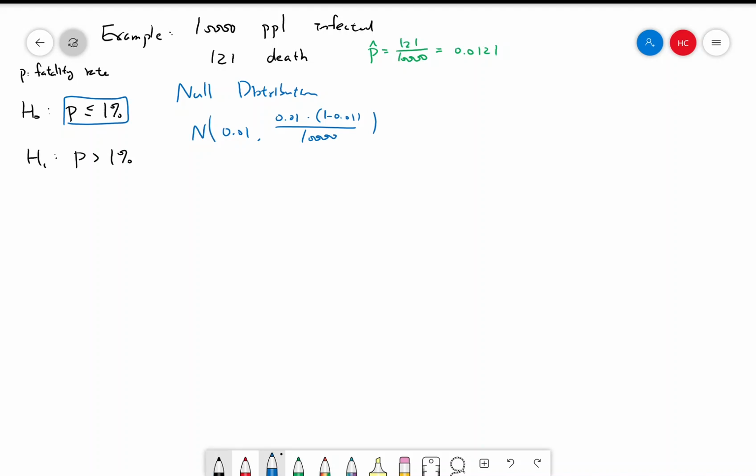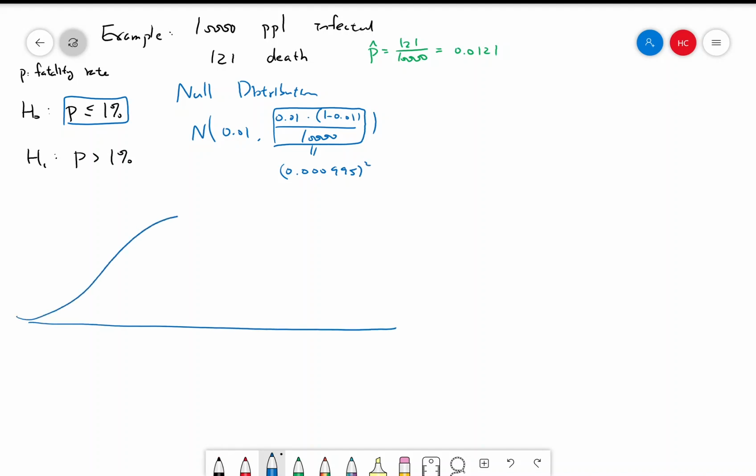And if we use the calculator, the standard deviation is equal to 0.000995. Okay, so let's draw our null distribution. The mean is 0.01 and our p hat is 0.0121.